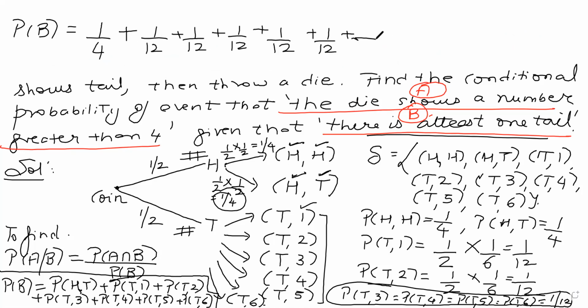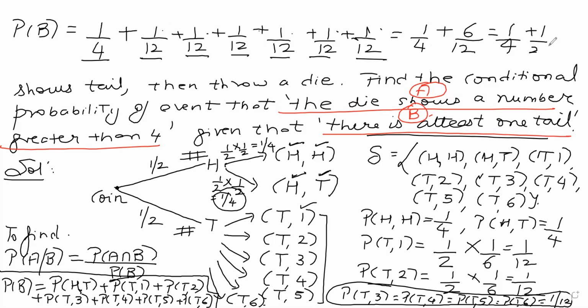Probability of T1, T2, T3, T4, T5, T6. And this is probability of HT. So can I add them up? It's 1 upon 4 plus 6 by 12, which is how much? 1 upon 4 plus half, which is 3 by 4.